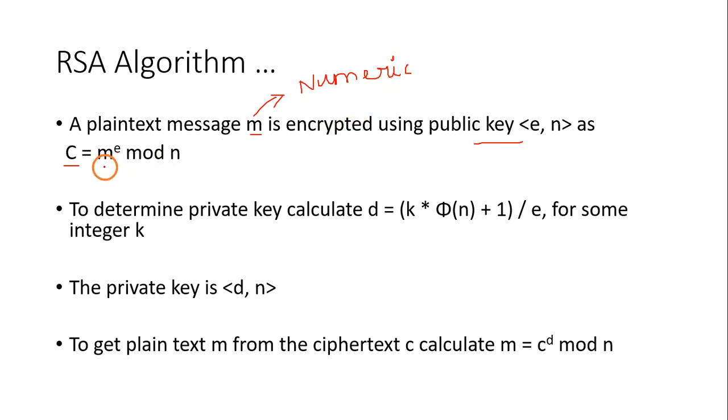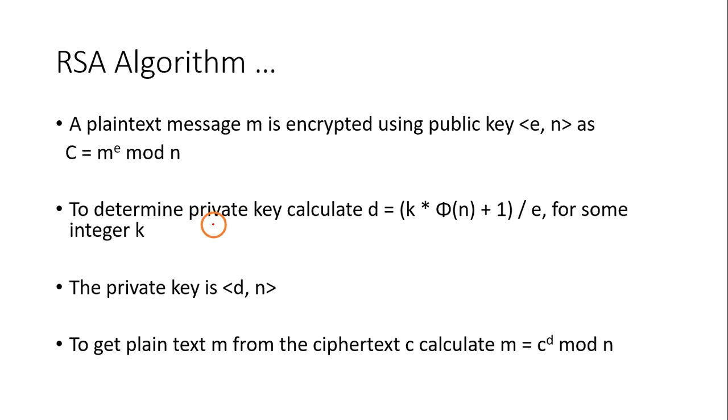This M is some number which is raised to the power of e. e is the thing we just calculated, and after raising M to the power of e, we do modular arithmetic with the modulus n. The result will be the ciphertext, which is also a number. Once you calculate the ciphertext, you will send it to the receiver.